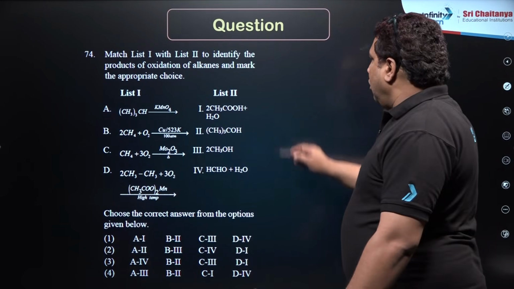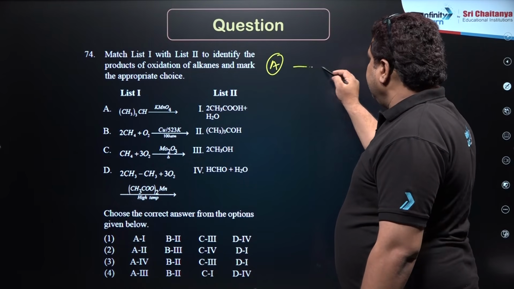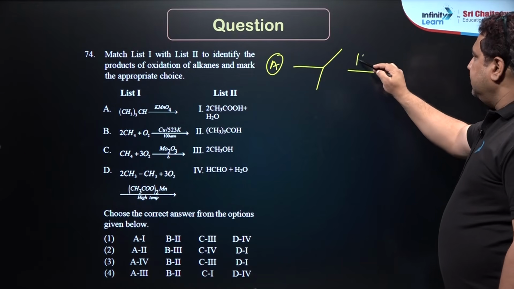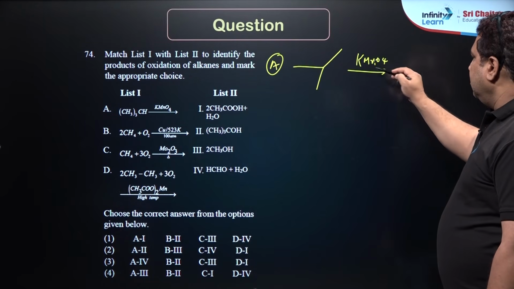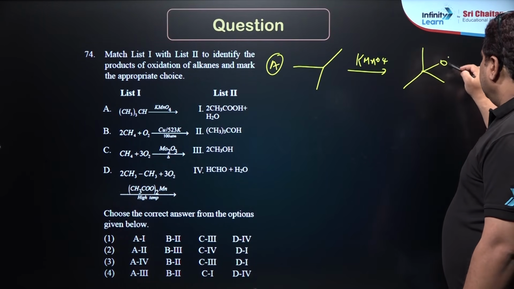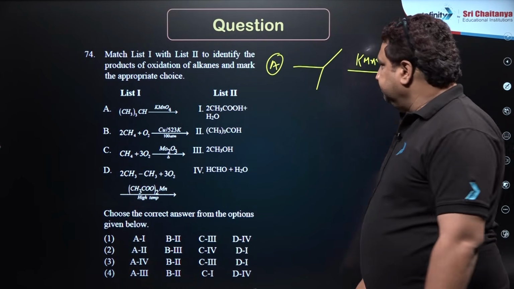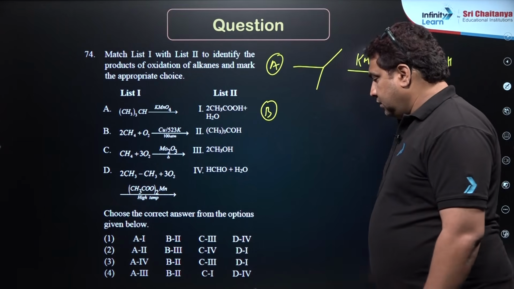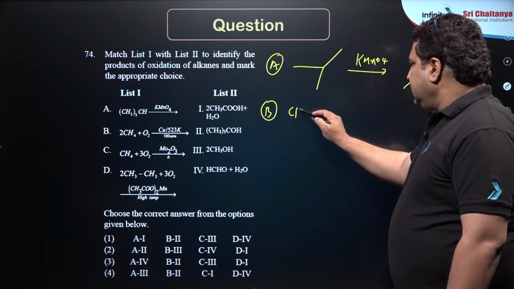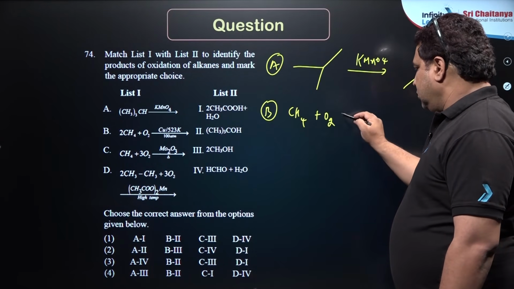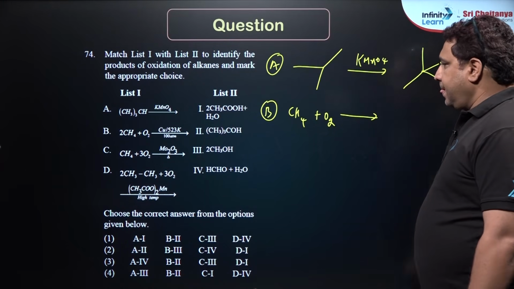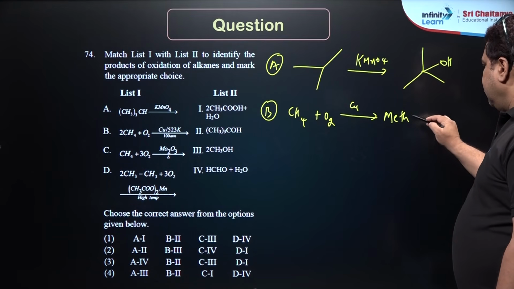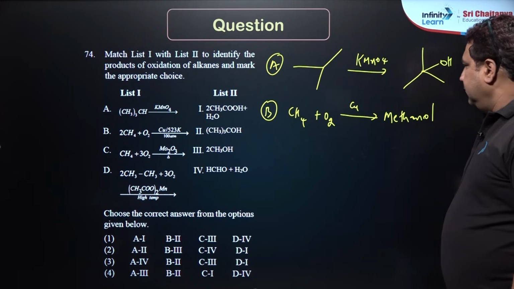Next, option A. Isobutane. If you treat with KMnO4, it will give you tertiary butyl alcohol, oxidation. Option B, methane on oxidation, are you following? In presence of copper will give methanol.